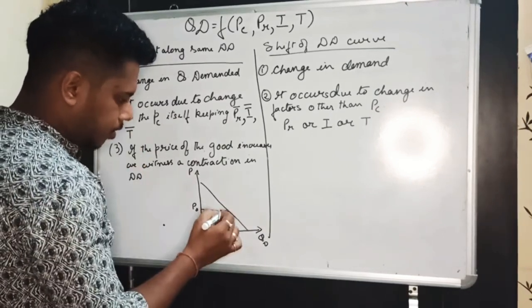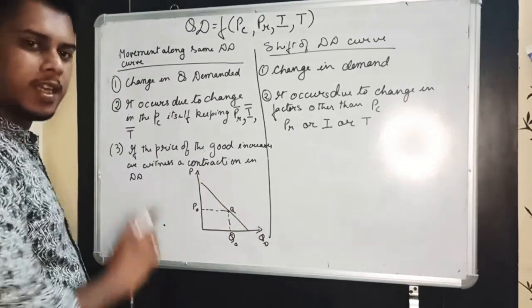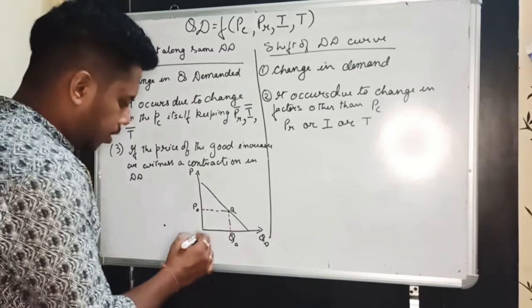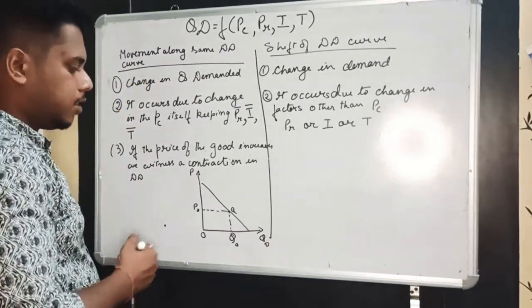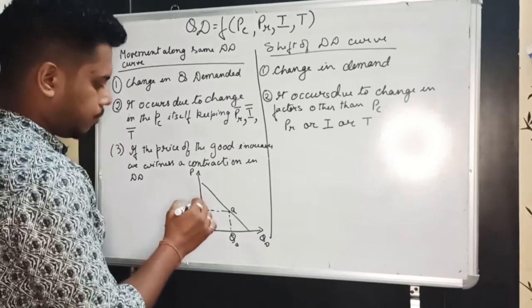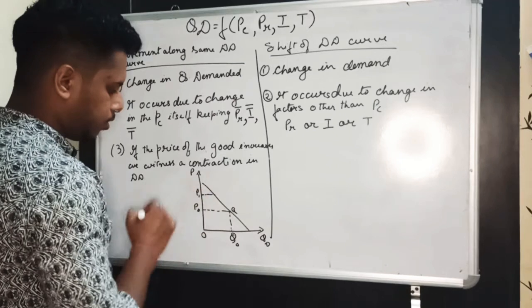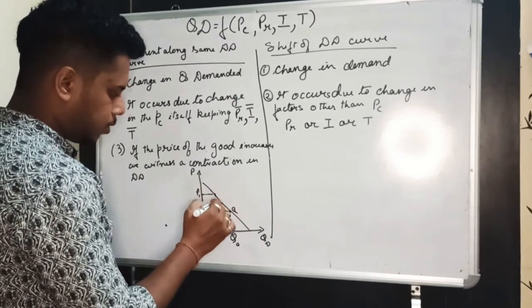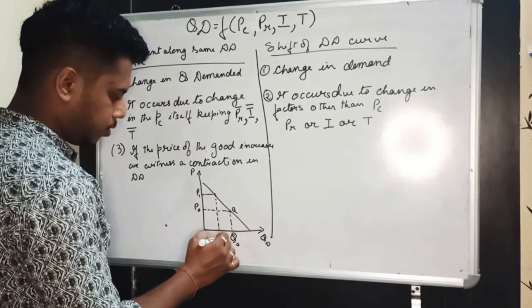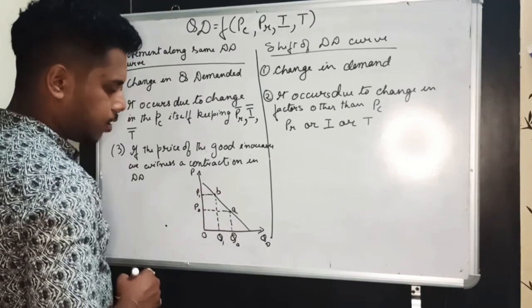Okay, and this point is known as A. So now we are at point A. Now we have been given a case of increase in price. Suppose the price P0 has increased to P1, okay, and with this P1 the associated quantity level is Q1, which is less than Q0. So now we are at point B.